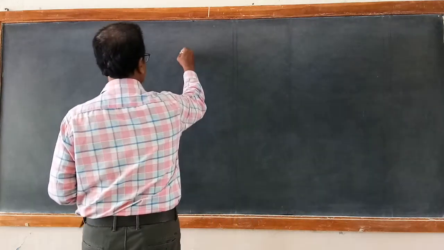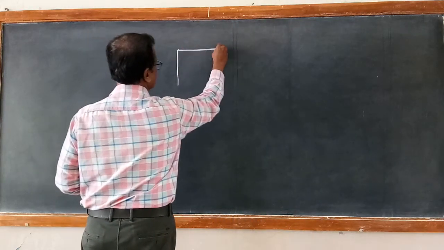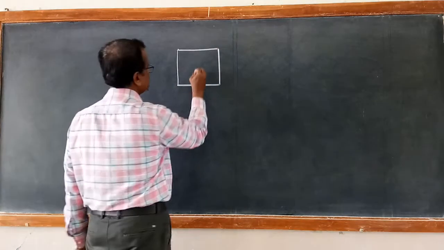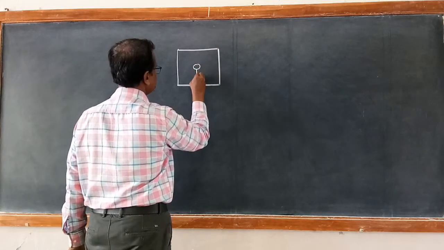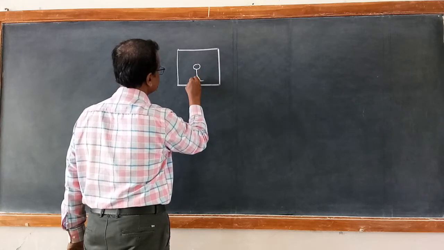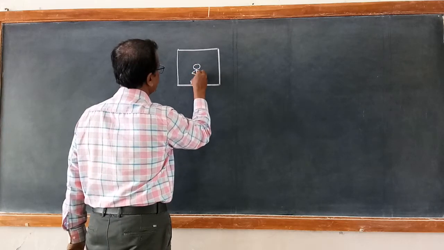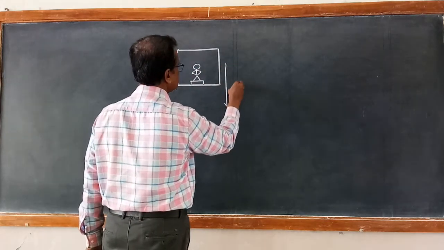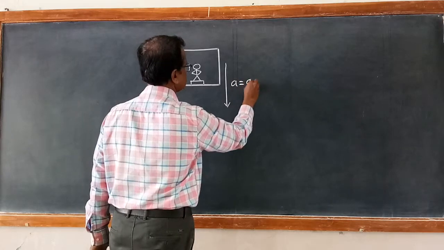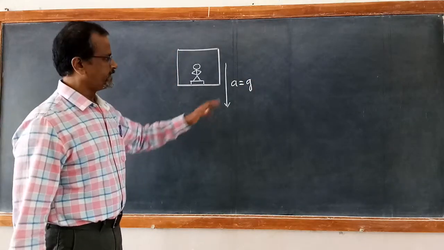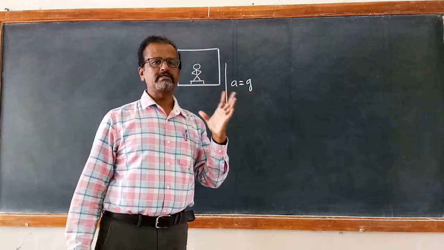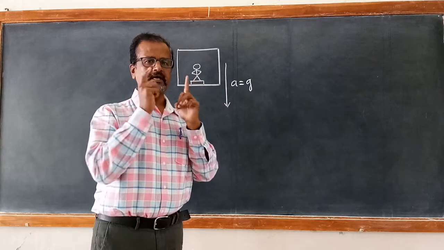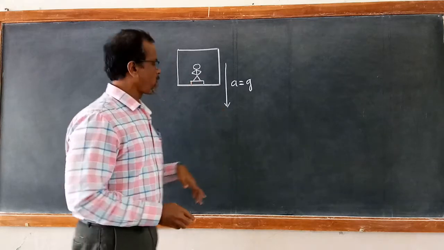So it is quite simple. Only that last part I am showing here. Suppose this is the lift and this is the person standing on the weighing scale, and the entire lift is falling down with an acceleration equal to g. Freely falling means the body's acceleration is the acceleration due to gravity.